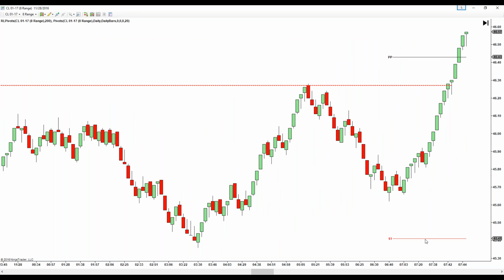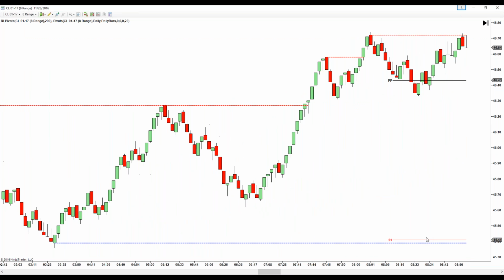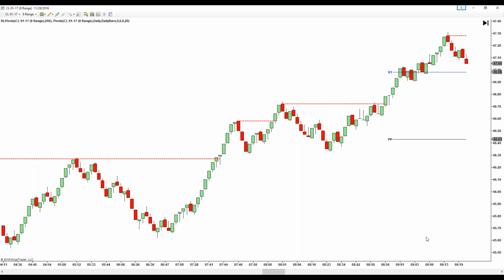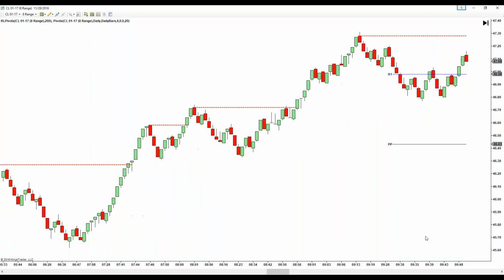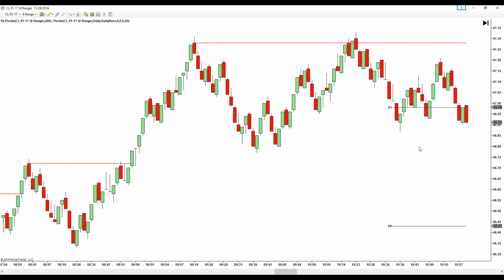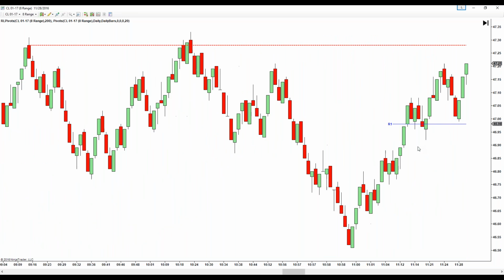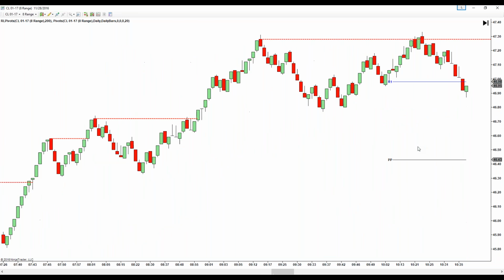You can see here on the right edge that in no way does it provide you with particularly accurate areas of support and resistance here. I mean, price seems to move quite independently of it.